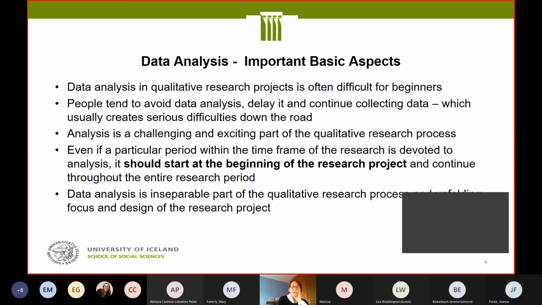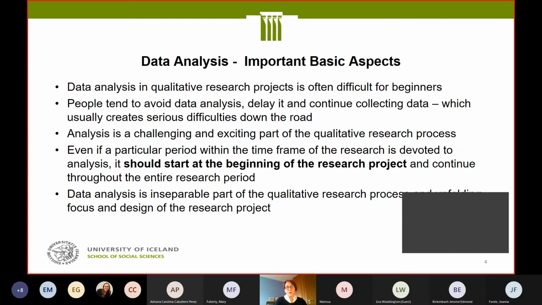A very important aspect to know, especially for beginners, is that the analysis part of qualitative research is often extremely difficult and scary for beginners.